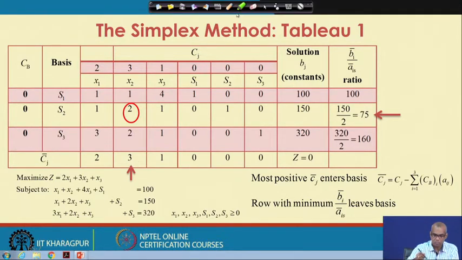Now, let us look at which Cj bar is most positive, because that will enter as basic variable into the basis. So, we see that 3 is most positive.